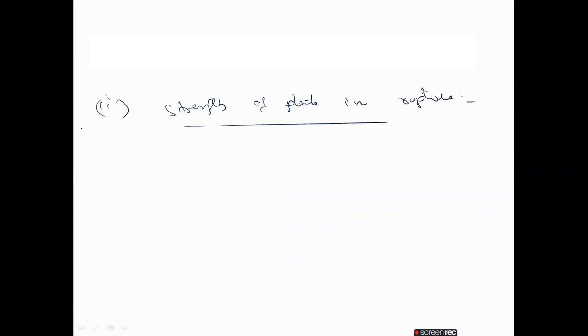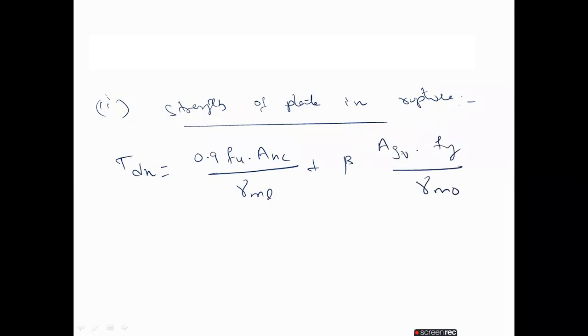The second condition is the strength of the plate in rupture. Here there is a formula, I will write that: Tdn = 0.9 fu Anc / gamma m1 + beta Ago fy / gamma m0.